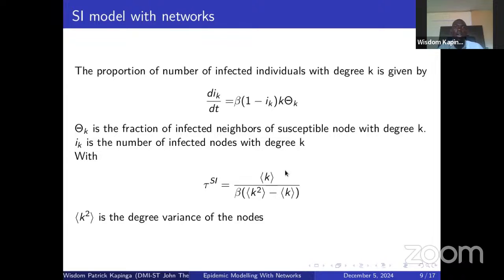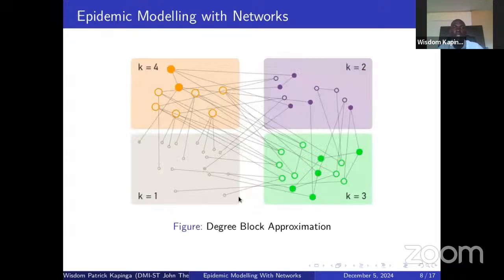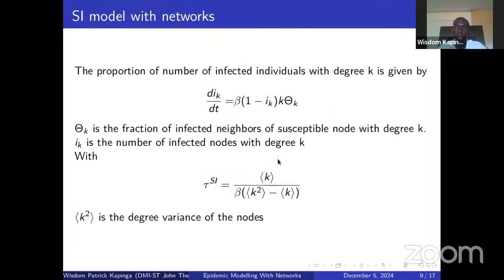So if you're looking at the proportion of affected individuals with a degree K, for example, if you're trying to model the SI model in this block where K is equal to 4, then you have to say K is equal to 4. Now the model will be given by dI_K, where K is the number of contacts, and then you have beta times (1 minus I_K), and then you multiply with K.